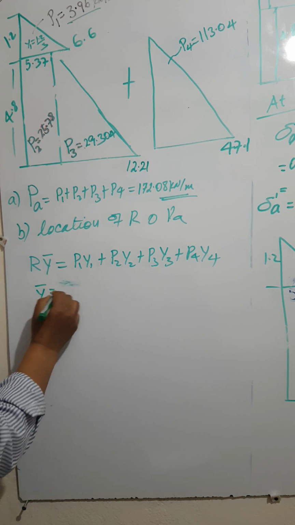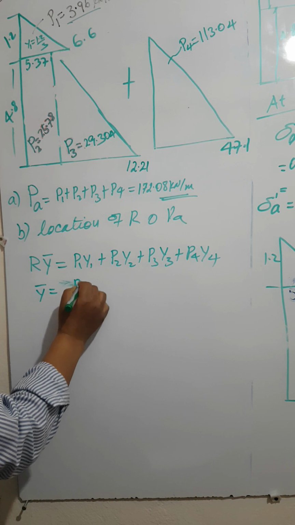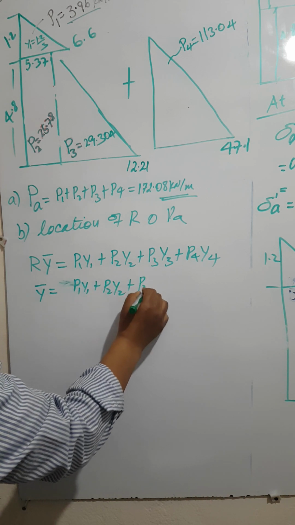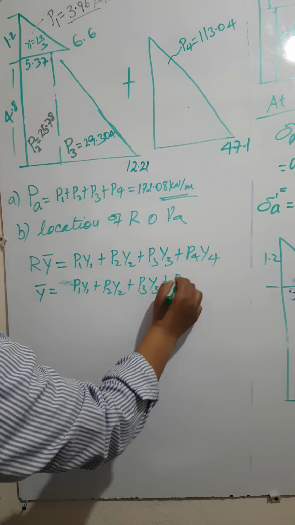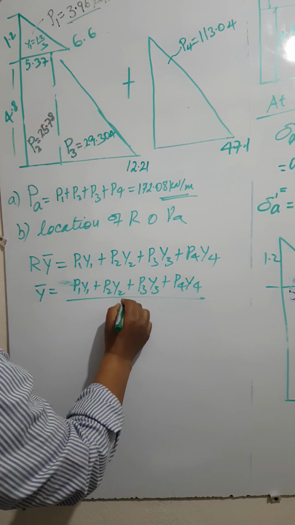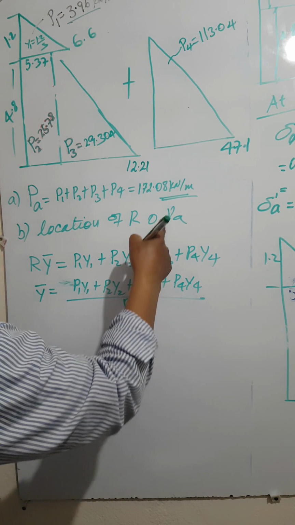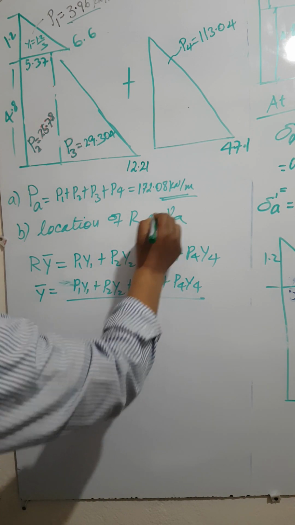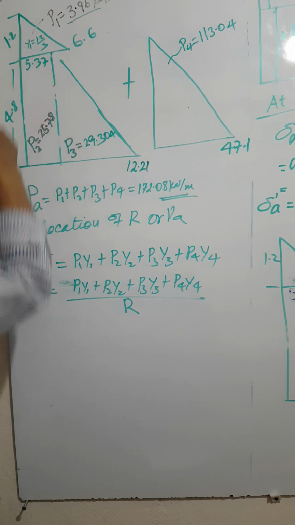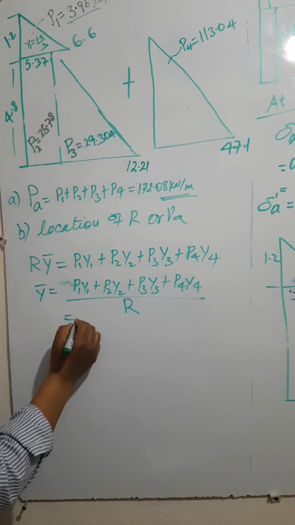Then y equals the sum divided by the resultant PA or R.